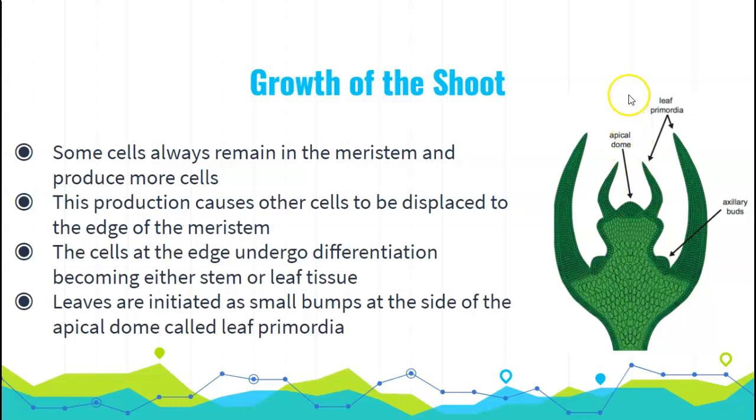If this continued to grow up and didn't flower right here, then these axillary buds could become their own branches, but it looks here as though it's going to flower because you've created these leaf primordia. So it's unlikely that these axillary buds will do anything unless this apical dome gets damaged. Then the axillary buds can take over.